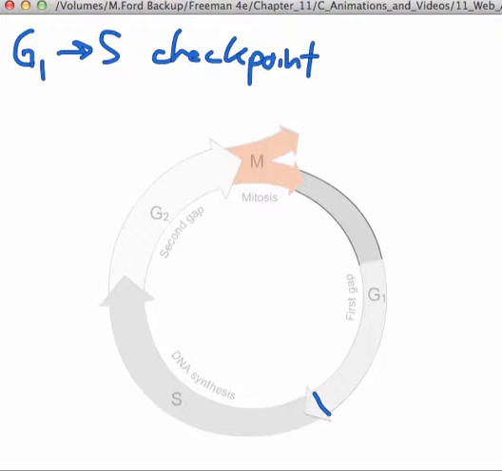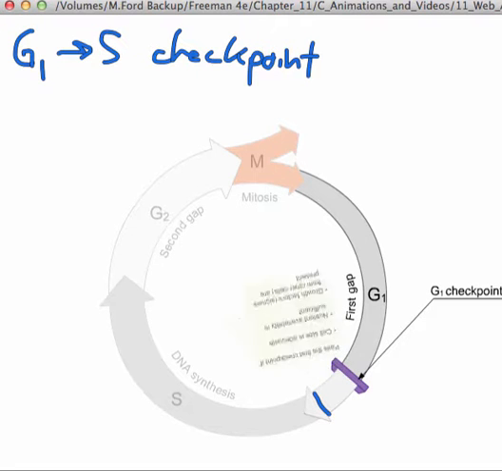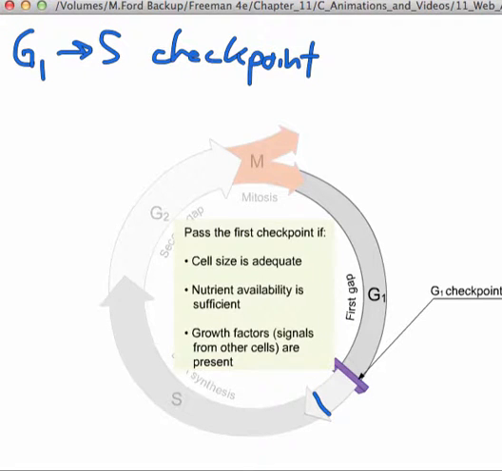the cell is sort of asking itself questions, okay? The cell is asking itself questions like, do I have a sufficient cell size? Is there enough nutrients available? Am I getting the right signals from other cells?